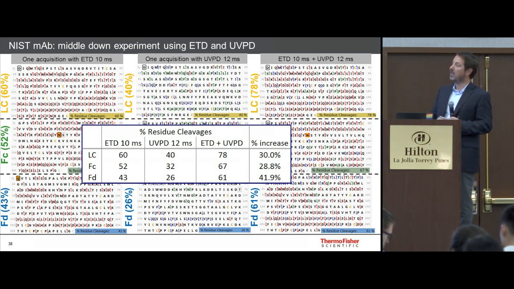So it's slightly lower than what I got with the ETD, but what's important is that when I combine these two, I get very high sequence coverage in just 2 runs. And why?